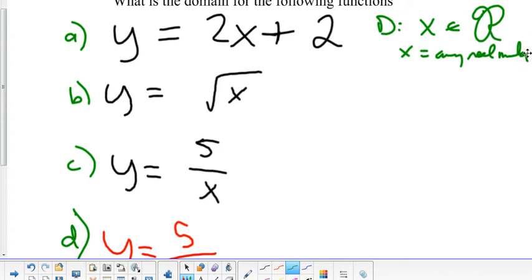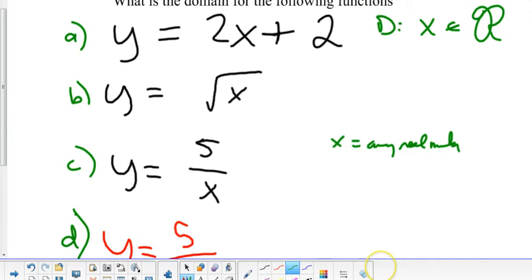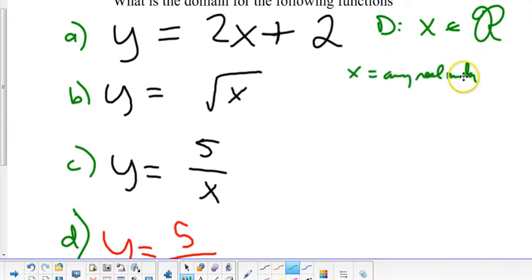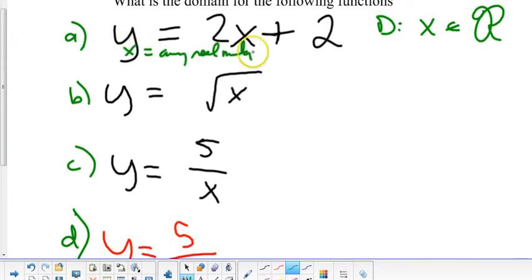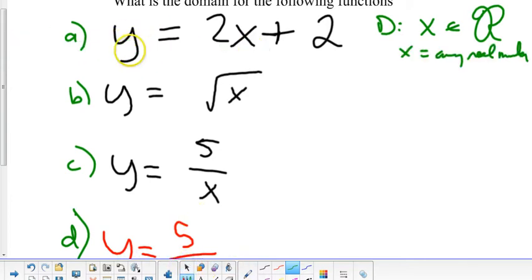So I can pick any number for x, and the range actually would be any real number as well. All possible values of y would exist here too.